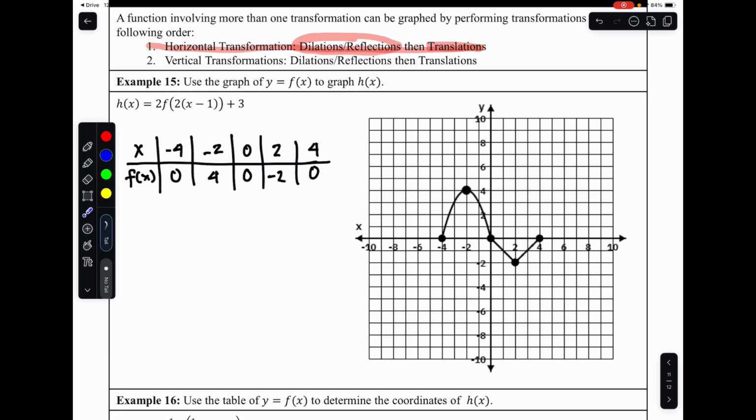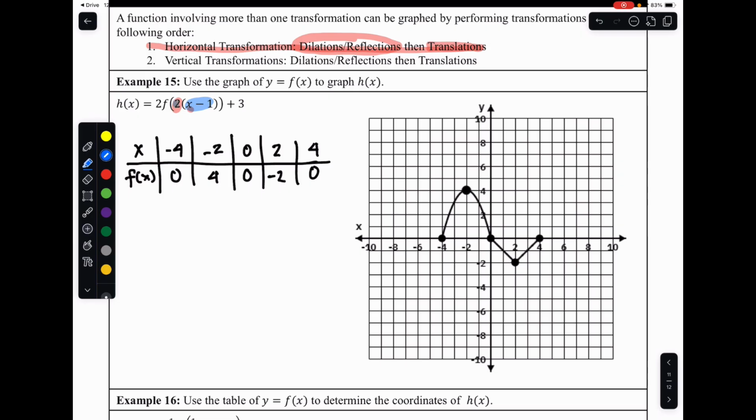So we're going to start by first looking at the horizontal shifts, okay? And like I said, we're doing a combination of two things. We're going to dilate it horizontally by a factor of 1/2, and we're going to shift it also because we have this x minus 1. We're going to shift it afterwards, okay? Now recall, when we're doing horizontal transformations, we do the opposite of these notations. So we're not going to multiply all the x values by 2.